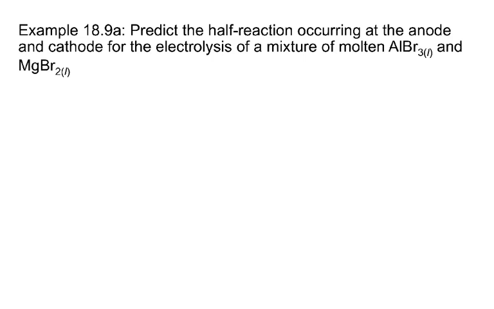Predict the half reaction occurring at the anode and cathode for the electrolysis of a mixture of molten aluminum bromide and magnesium bromide. So our oxidation reaction, we have bromine for both of them. So our oxidation reaction is going to be bromide going to bromine.